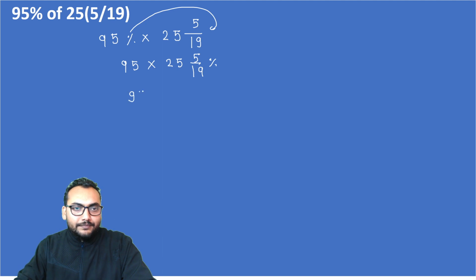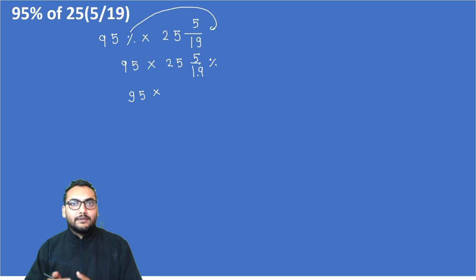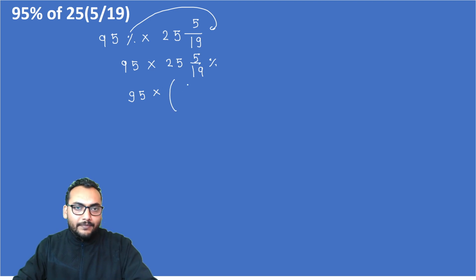Now 95 multiplied by 25 whole 5 by 19. What is it basically? I can write it as 20% plus 5 whole 5 by 19%.